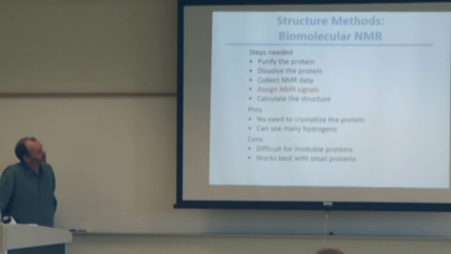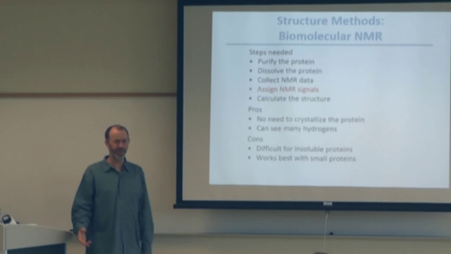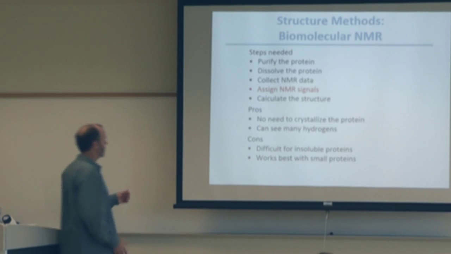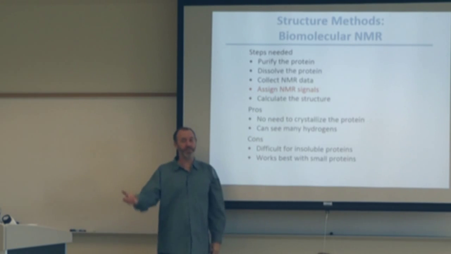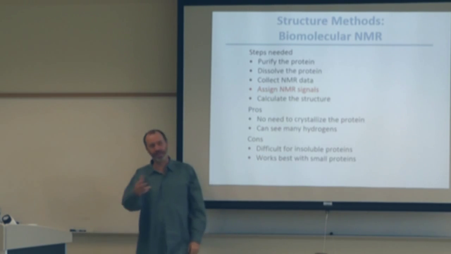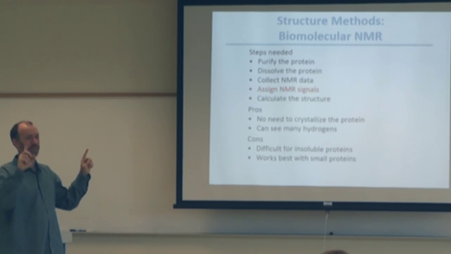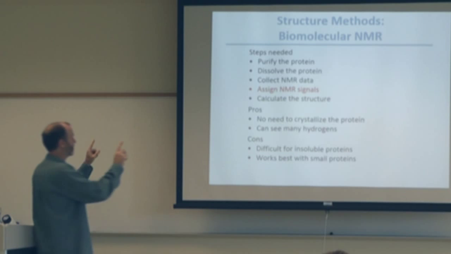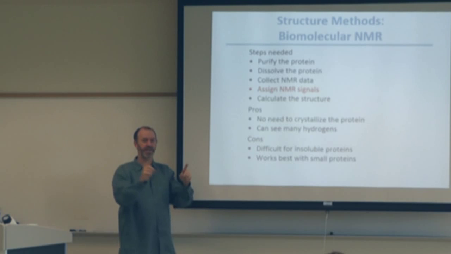Another way, which I actually worked in a lab that did a lot of this, was NMR, structural methods using NMR. You guys look at NMR in organic chemistry. Nuclear magnetic resonance. So again, you have to purify the protein, and you have to dissolve that protein in water. Or what we used to do in my lab is they specifically looked at the transmembrane domains of nicotinic receptors, and they would just express that transmembrane domain in bacteria, purify it from the bacteria, dissolve it, but it's not soluble in water, so they would dissolve it in micelles.